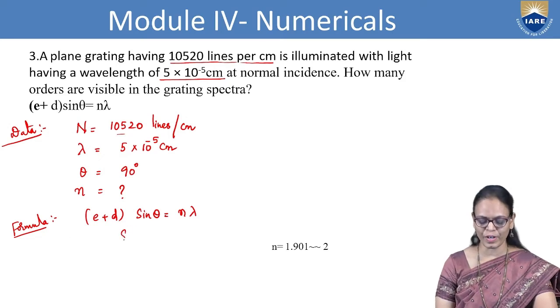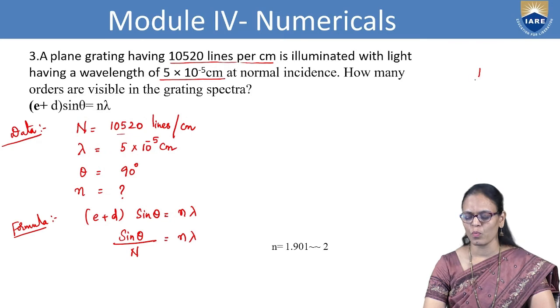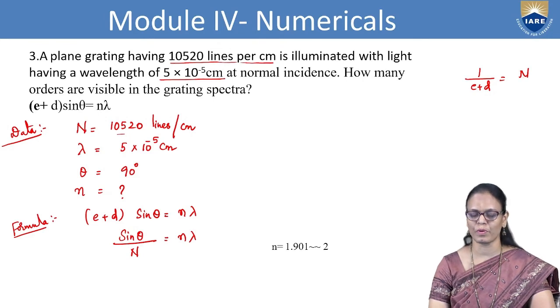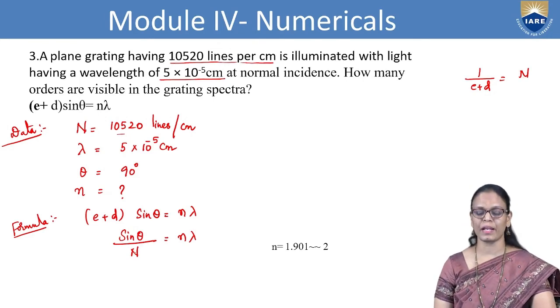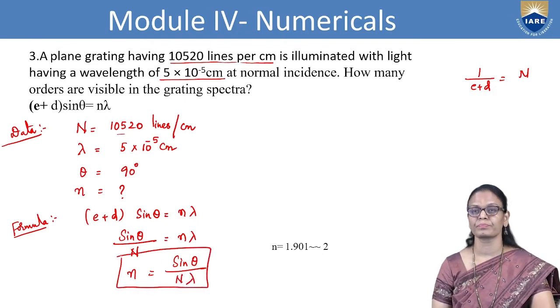So we will modify this and write it as sine theta upon capital N is equal to n lambda, because we have already seen how 1 by (e plus d) is equal to N, or (e plus d) is equal to 1 upon N. So sine theta by N is equal to n lambda. We have to calculate the order. So n is equal to sine theta upon capital N into lambda. So this is the formula we will use now.